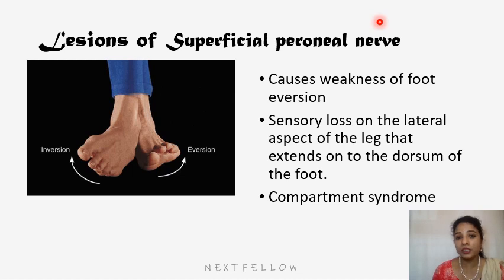As the pressure increases within the non-extensible space of the limb, this compromises the circulation because the blood vessels may get compressed, and the functions of the tissues within that space are lost.